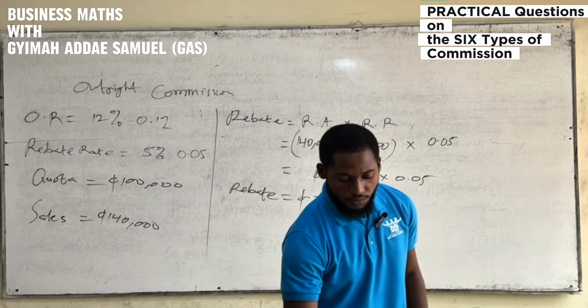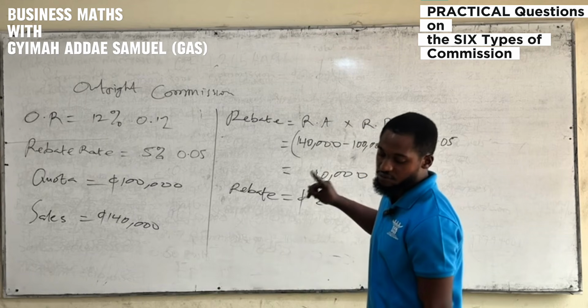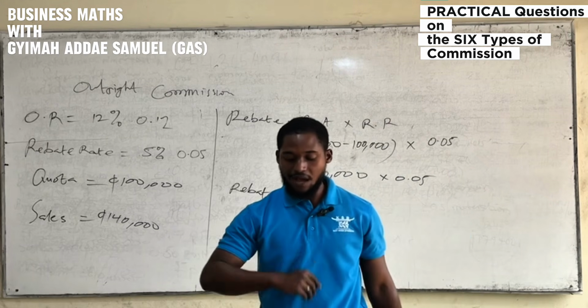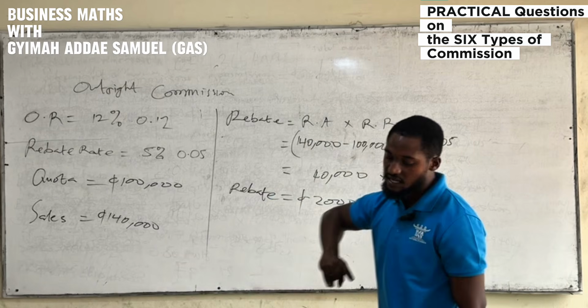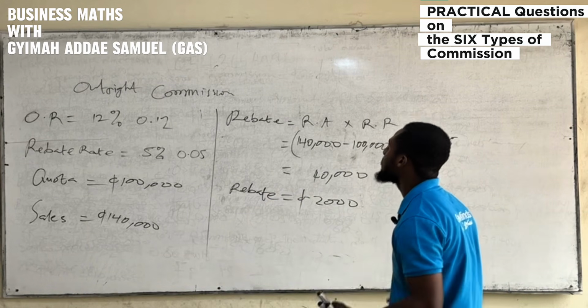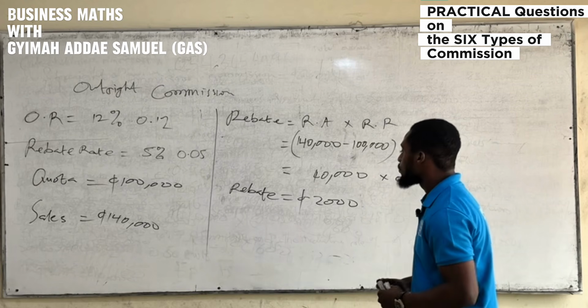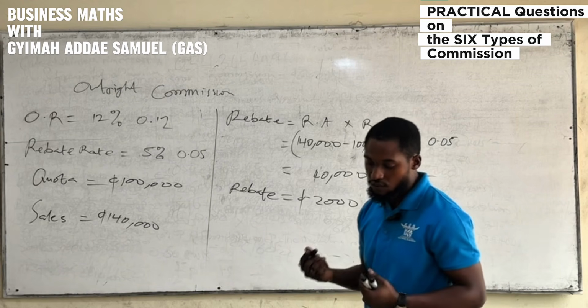So before we can calculate the total benefit received, we now have our rebate. We would have to calculate our outright commission. And after getting the outright commission, the benefit will be the outright commission plus the rebate. So now let's find our outright commission.